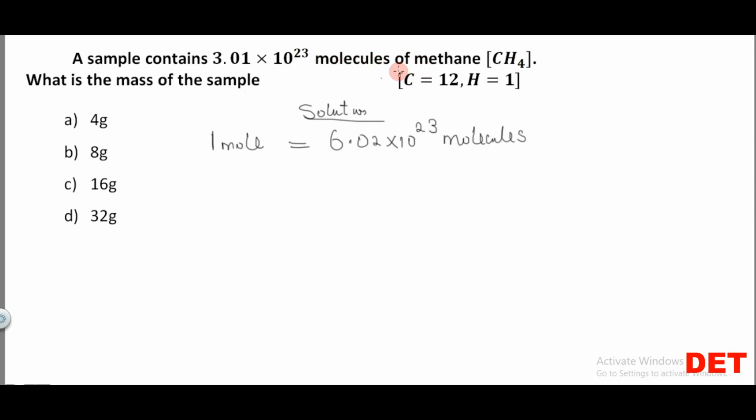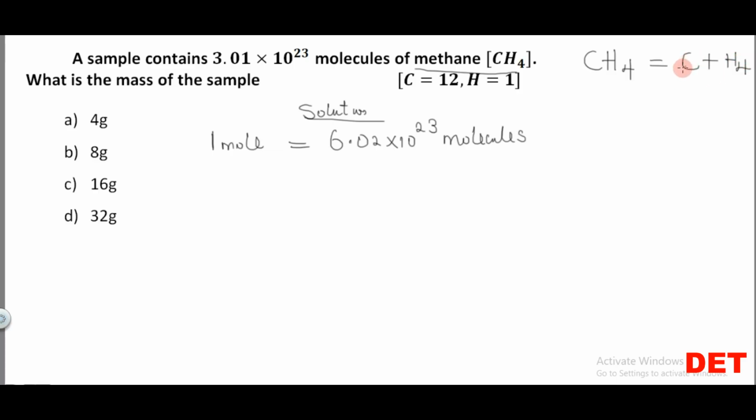Since the substance that we're concerned about here is methane, 1 mole of methane is equal to what? Methane is CH4. So the molar mass of methane, or the relative molecular mass of methane, will be C plus H4.